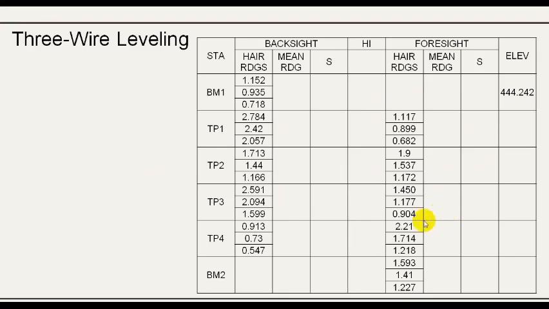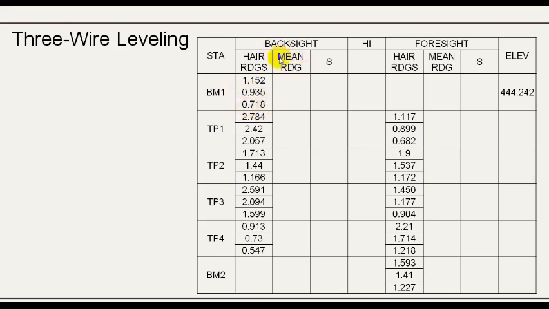So, in our field notes, we have the stations, then under backsight we have the hair readings: A, the upper crosshair reading, C, the horizontal crosshair, and B, the lower stadia hair reading.